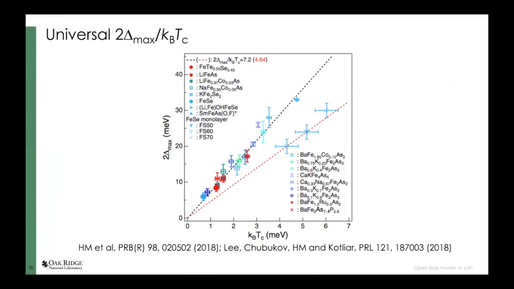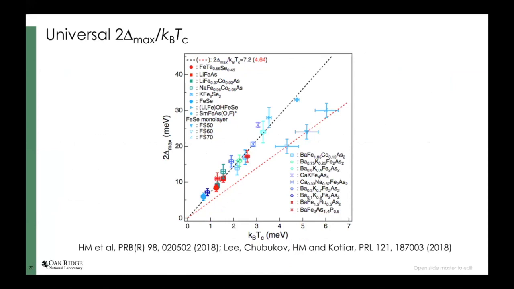Then we keep digging in and study what else we can find. So an interesting observation is the scaling between the superconducting gap and the superconducting transition temperature. Similar maps have been done by other people, but initially they were trying to put all the superconducting gaps and try to scale with TC.